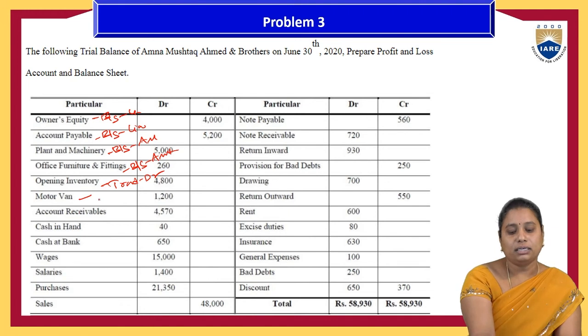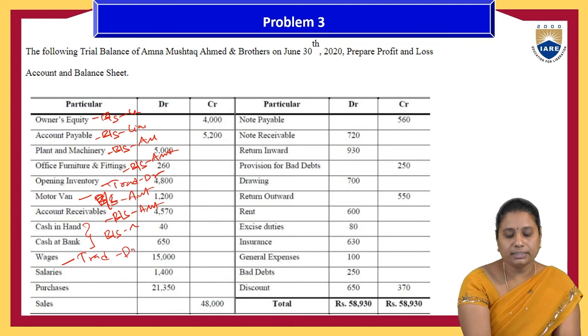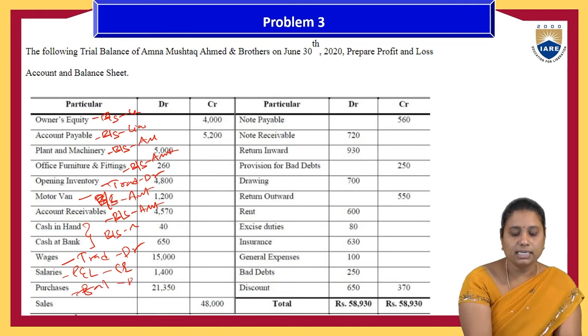Motor van: profit and loss account, and that is also a balance sheet asset. Account receivables: balance sheet, assets. These two are balance sheet, assets side. Trading account debit balance; salaries, profit and loss account credit; purchases, trading account debit side; sales, trading account credit side.